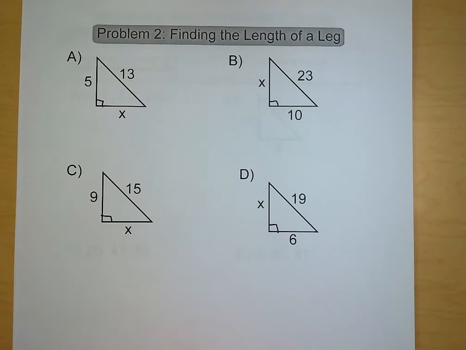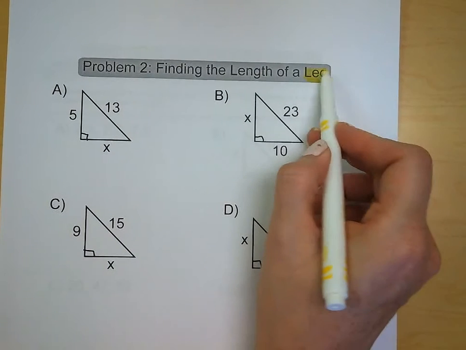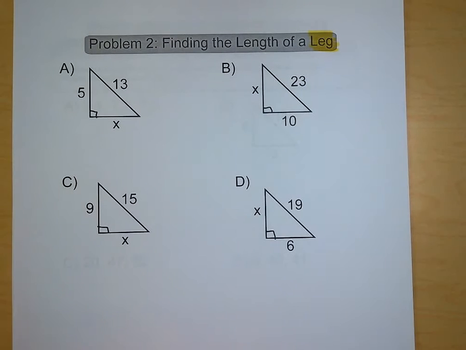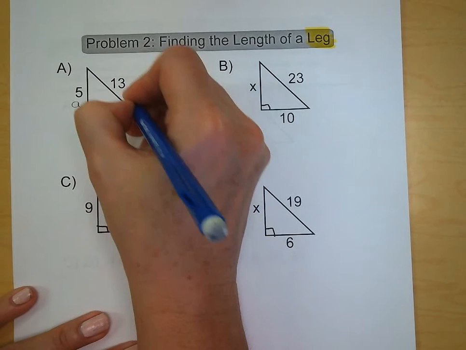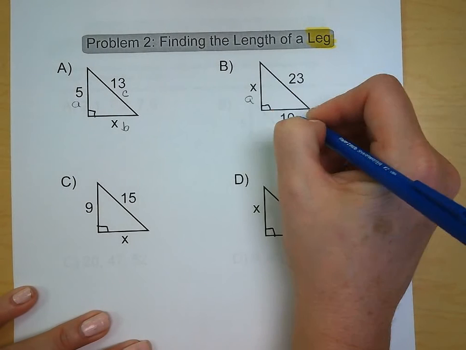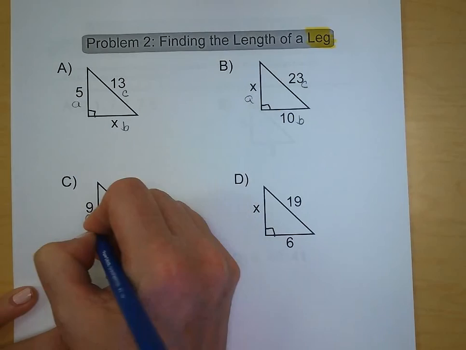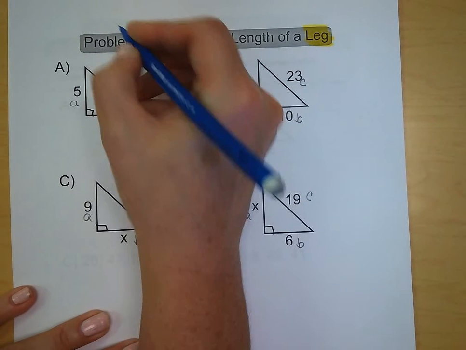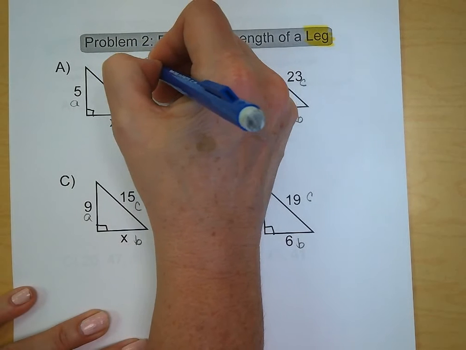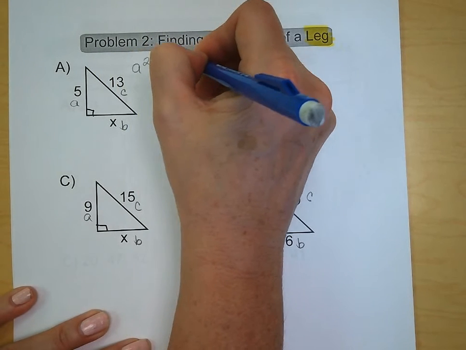Now, in problem 2, we know the hypotenuse, and we are trying to find the length of one of the legs. Now, as we put in our A and B, it doesn't matter which one is A and which one is B. They are interchangeable because they are being added together. So we start off with our equation, a squared plus b squared equals c squared.